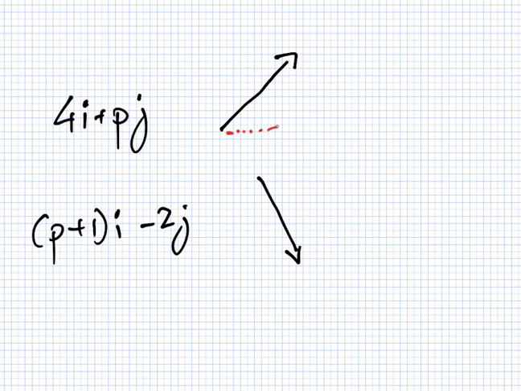How big is this piece here? 4. And how big is this piece here? p. How big is this piece here? p plus 1. And how big is this piece here? Minus 2. The slope of this line is p over 4.